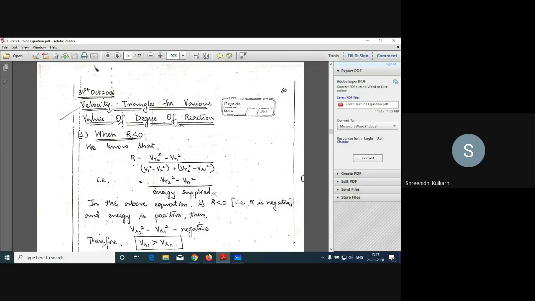If you cross multiply this, what is R? R is less than 0.